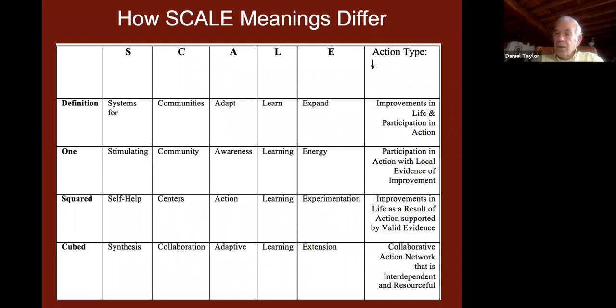And that improvement is calling in more people. And then in scale cubed, we get a synthesis. We're bringing all the pieces together, as shown in that earlier graph that Luke talked about, to collaborate. And in collaborating, adapting and learning to extend.